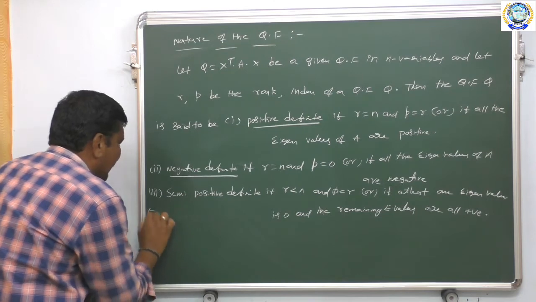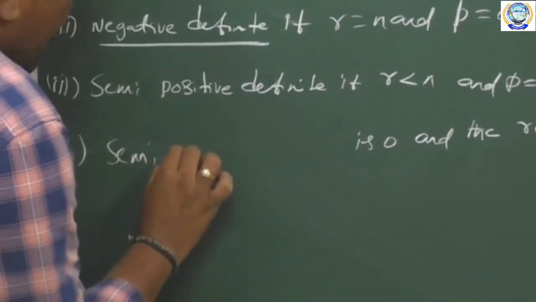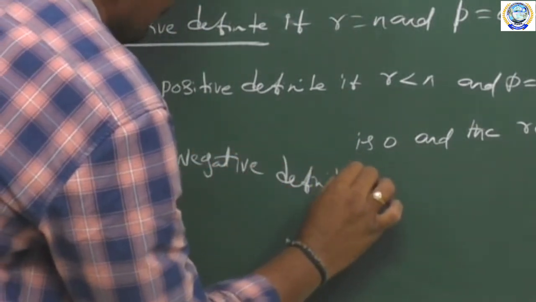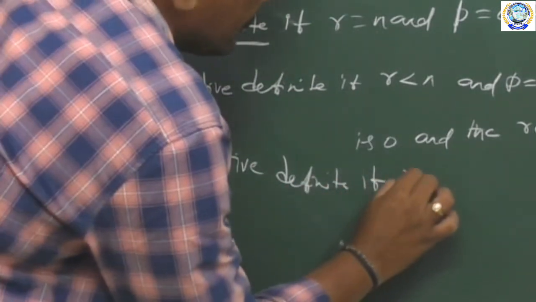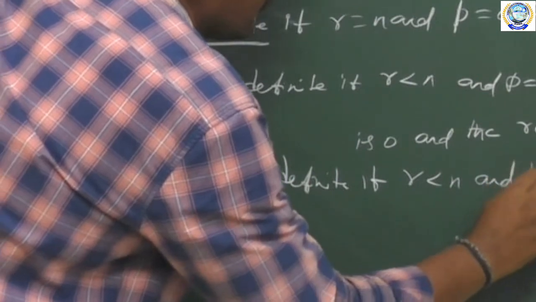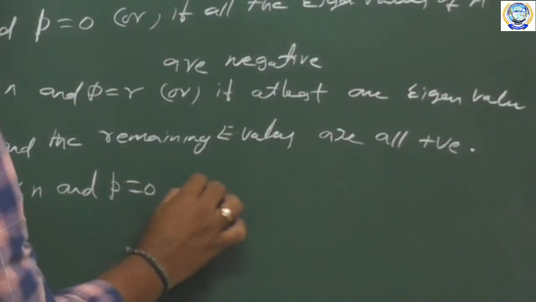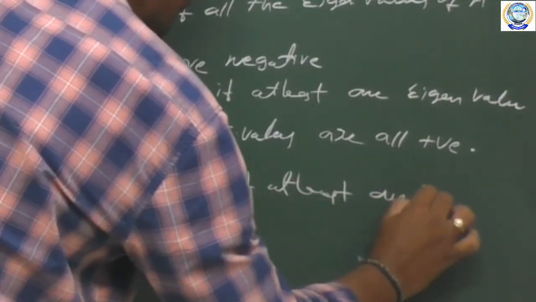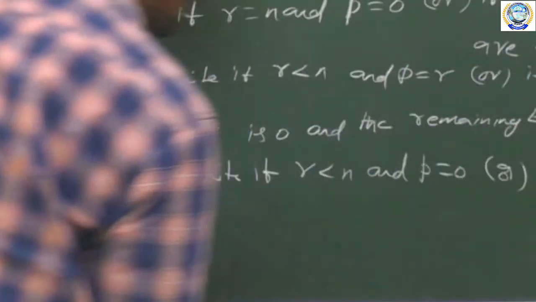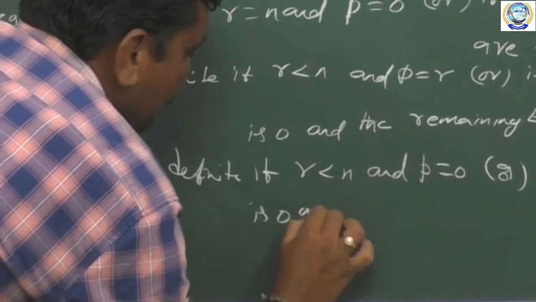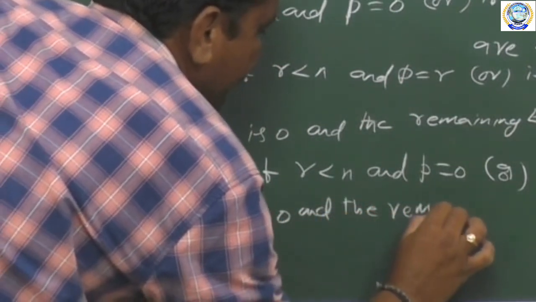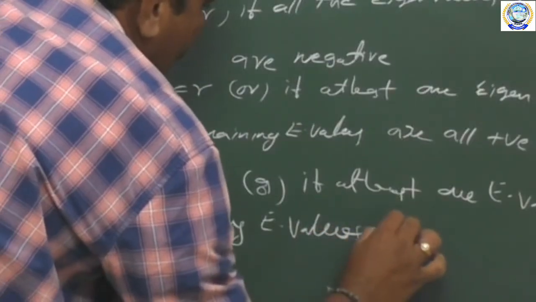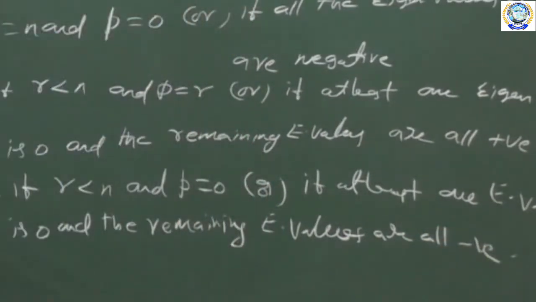Next, fourth one, the given quadratic form Q is said to be semi-negative definite if r less than n and p is equal to 0, or if at least one eigenvalue is 0 and the remaining eigenvalues are all negative.